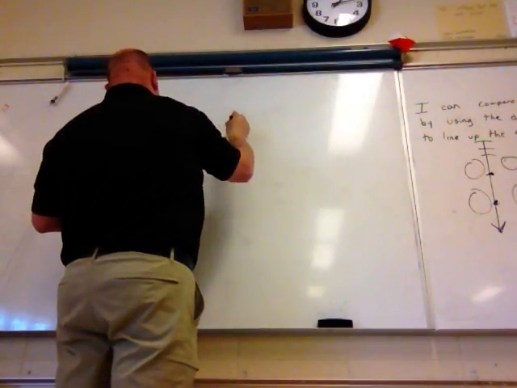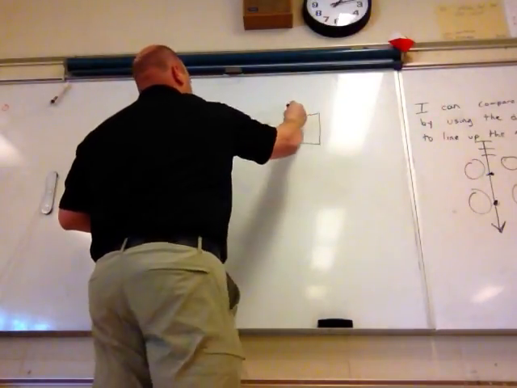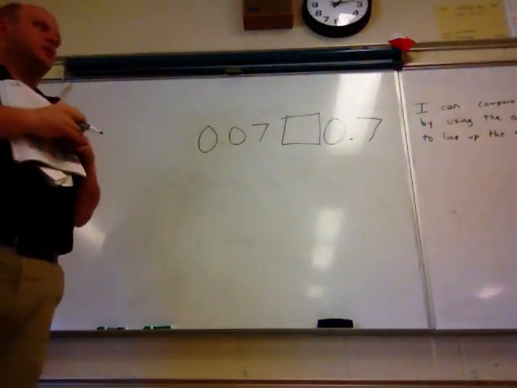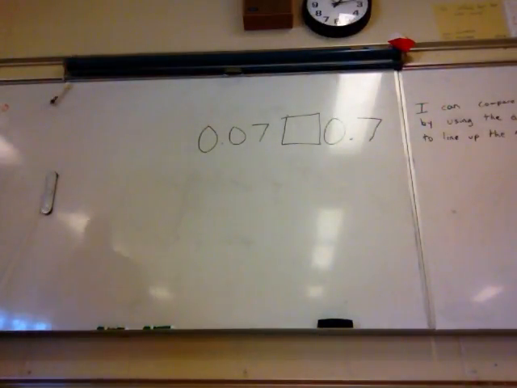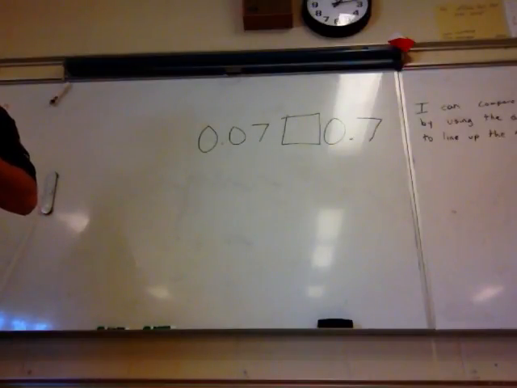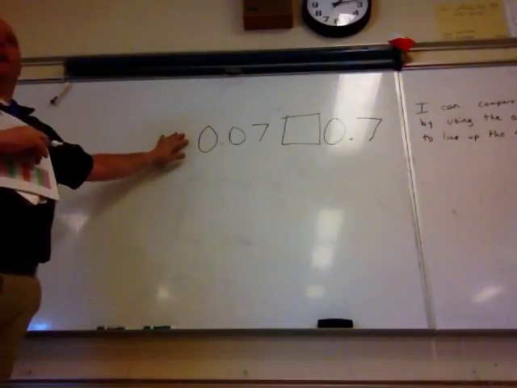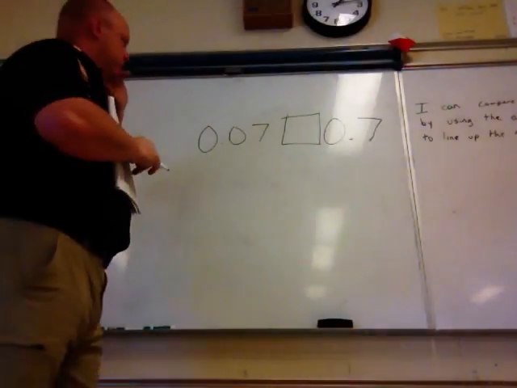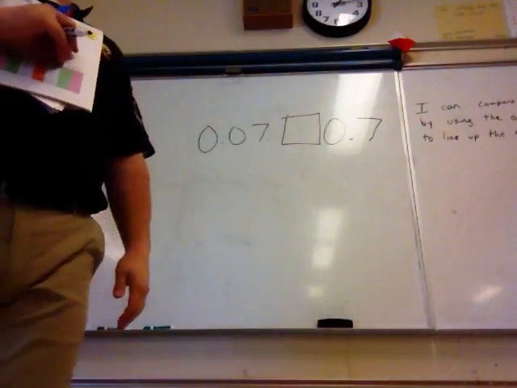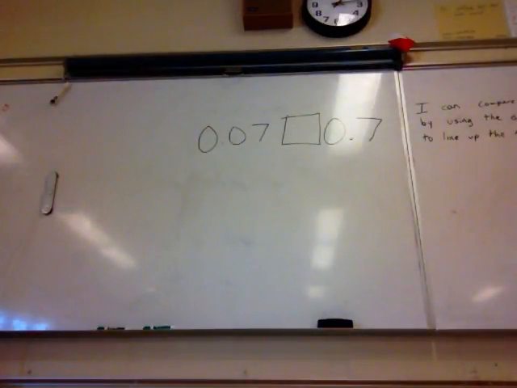All right, new problem. Erase your boards. Line up your decimal points. Yep. So if you choose to write this, that's fine. But remember, your next step right away is going to line up that second number. Remember, shoot that arrow down in through the decimal. Can you start writing down the problem?